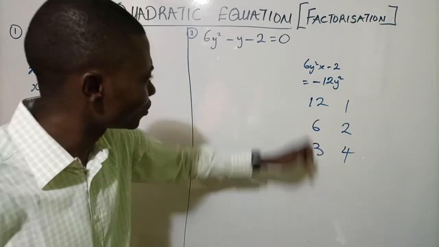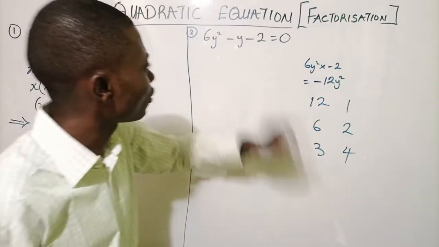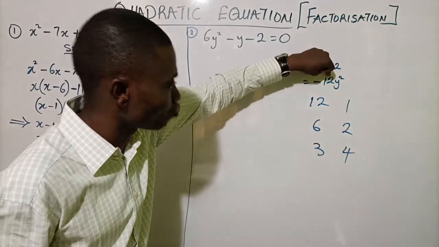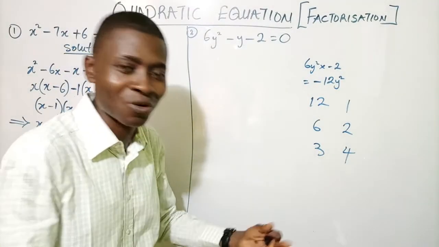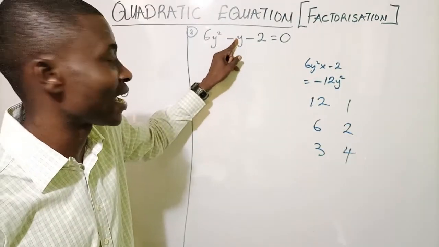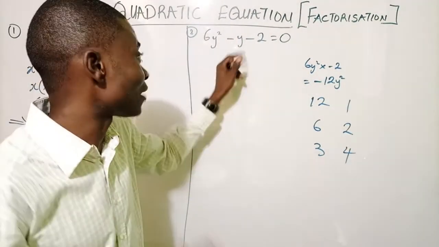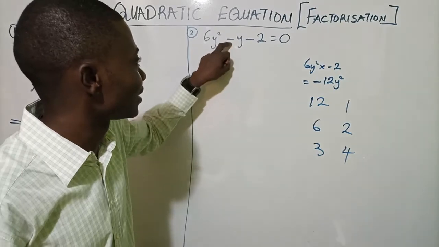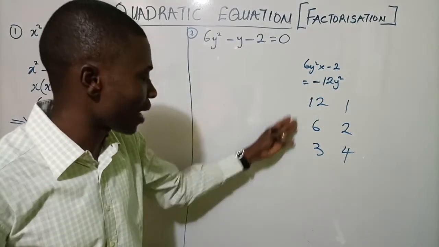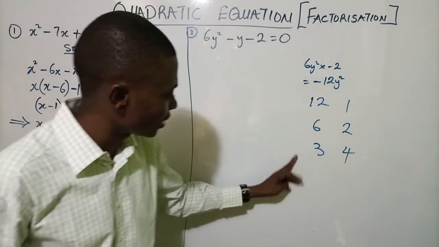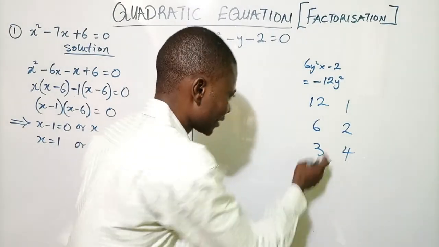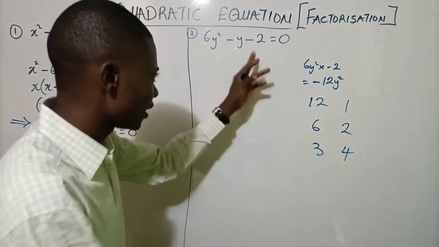But remember what we are looking for. We are looking for two numbers that when we multiply them together, we get 12 first. And then when we subtract them or add them together, we get 1, because the coefficient of y here is 1. And then remember, you also bear the sign in mind. The sign we are talking of here is minus. So the number that is nearest that we can think of here is 3 and 4. 3 times 4 is 12.